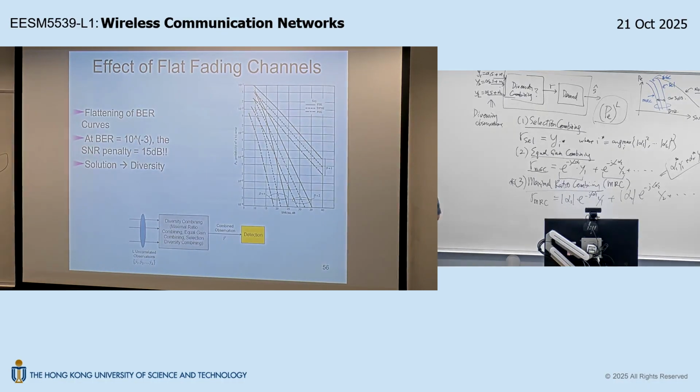Now, unlike the data transmission, where the data part is unknown, this part is known, so we set it to 1. The unknown is the channel. So now you are the receiver. Based on this observation, you can still estimate the unknown channel, right?